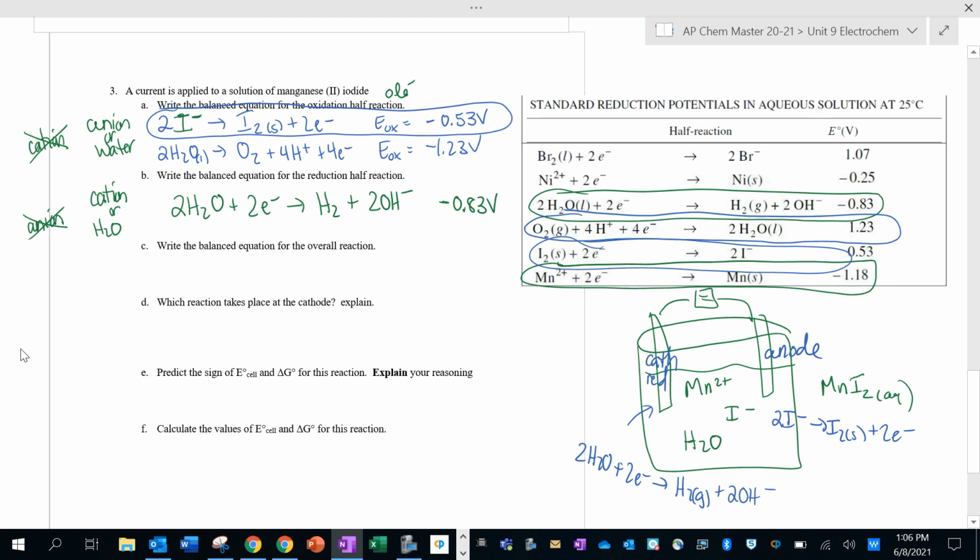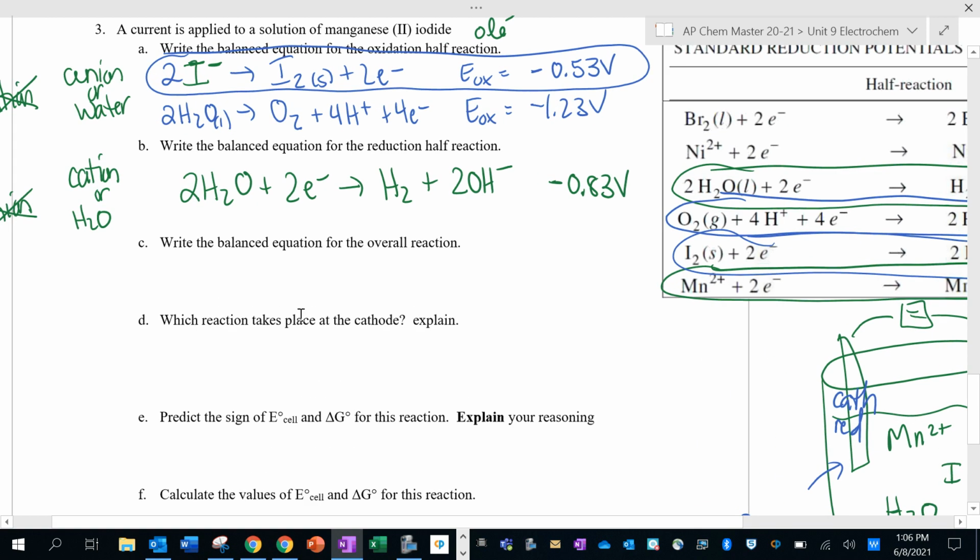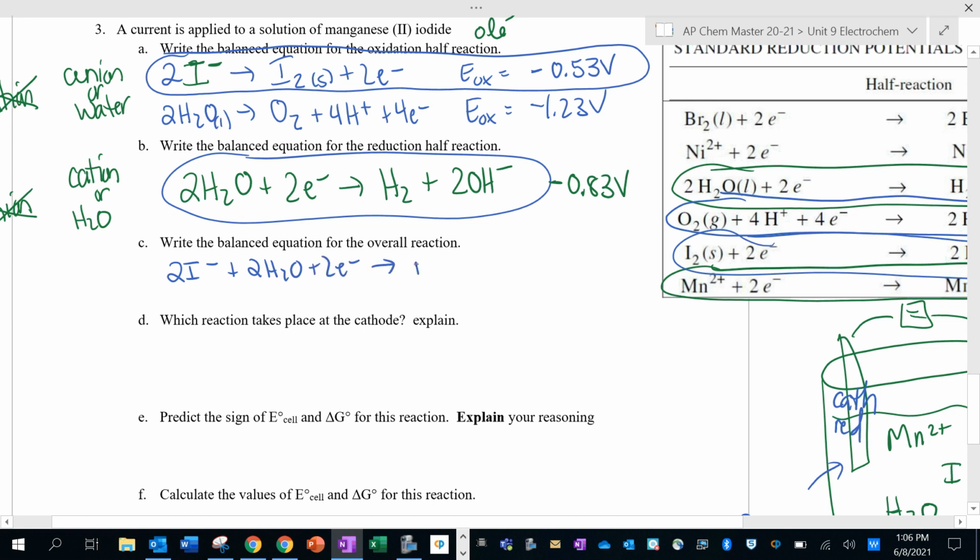To write the overall reaction, I would add up these 2 half reactions. So I end up with 2 iodide ions and 2 waters and 2 electrons on the left. And then I have solid iodine and 2 electrons and hydrogen gas and 2 hydroxides on the right.